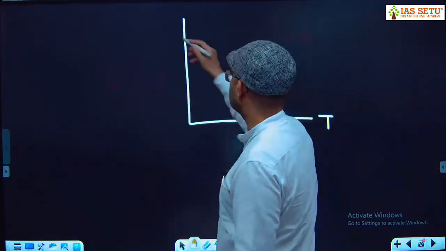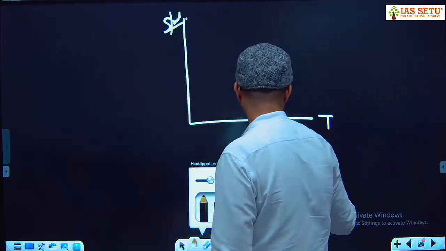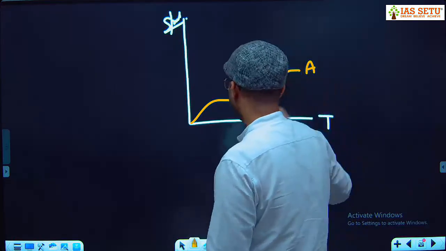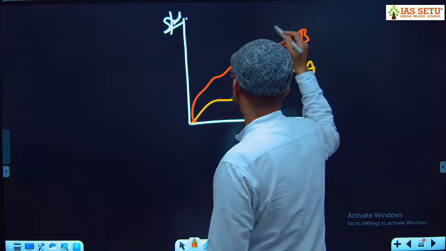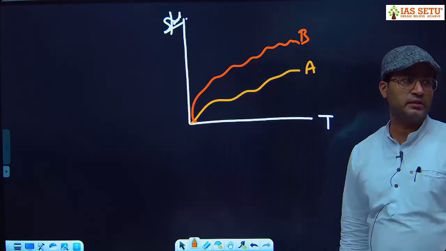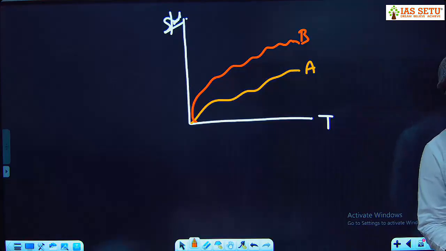Like I ask you a question. This is time axis. This is speed axis. Here there are two cars, car A and car B. This is car A, speed time graph of car A. This is car B. Tell me, distance covered by car B is more or car A is more?